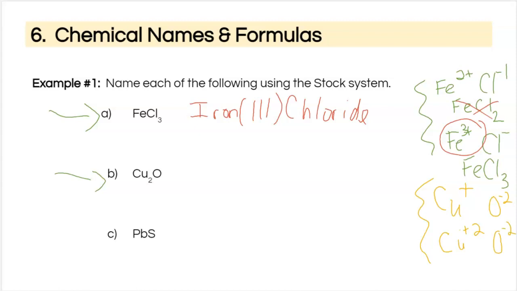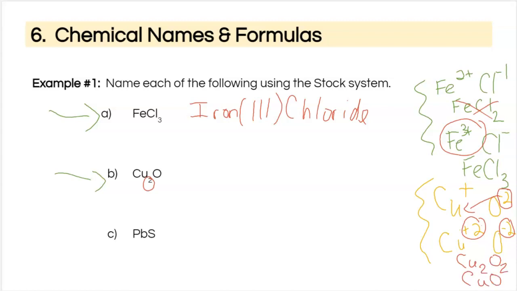The only way that when I cross those charges down I end up with this little 2 down here is this: that little 2 is there because of the 2 getting crossed down from oxygen, right? Because if I look at Cu2+ and O2- crossing, that would give me Cu2O2, which I would want to reduce to lowest terms to CuO.